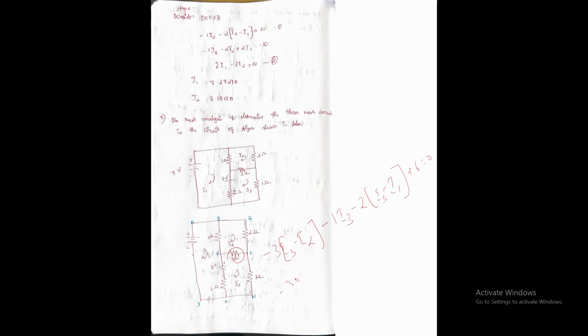So minus 3 I3 plus 3 I2 minus I3 minus 2 I3 plus 2 I1 equals minus 6. Combining the I3 terms, we get minus 6 I3 plus 3 I2 plus 2 I1 equal to minus 6. This is equation number 3, and we have got the same thing here.